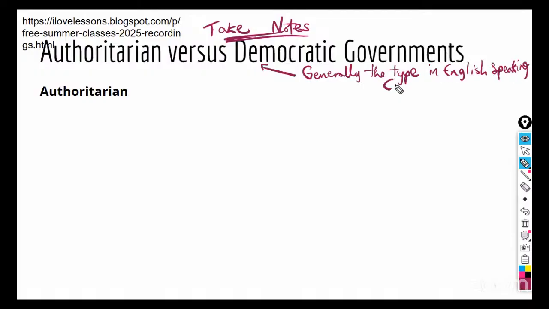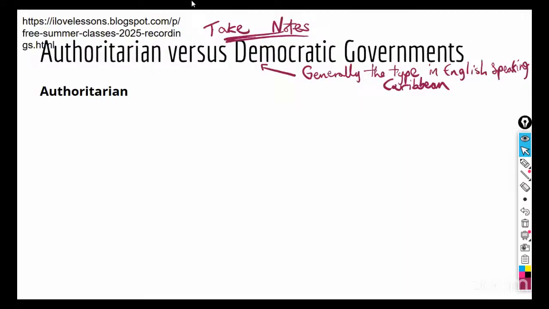Dictators tend to come up in Latin American countries. And I guess you could say Haiti, some of their political leaders have been described as dictators. So that's one of the reasons when we study government, we're looking at English-speaking territories, former British territories, right? Because they share a certain type of government.